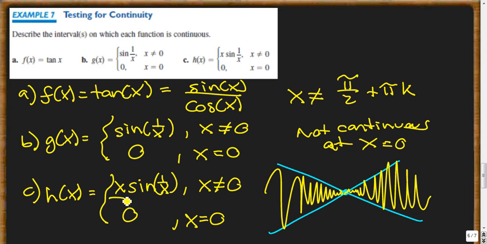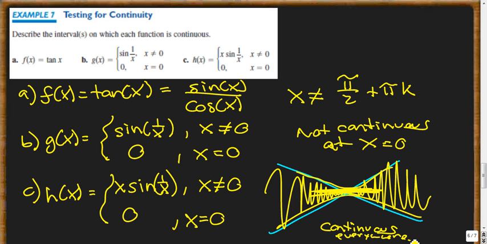Because as we get closer to 0, x also gets closer to 0, and so it's limiting the value of what sine can be. And we know that this function, because the sine is approaching 0, x is going to squeeze it. Now, based on the squeeze theorem, if two functions squeeze together, so we can consider this function and this function separately, if they squeeze together, then we know that it has to pass through this point. So we can actually say, unlike the other one, this is continuous everywhere. Very odd function, but the concept is pretty interesting.